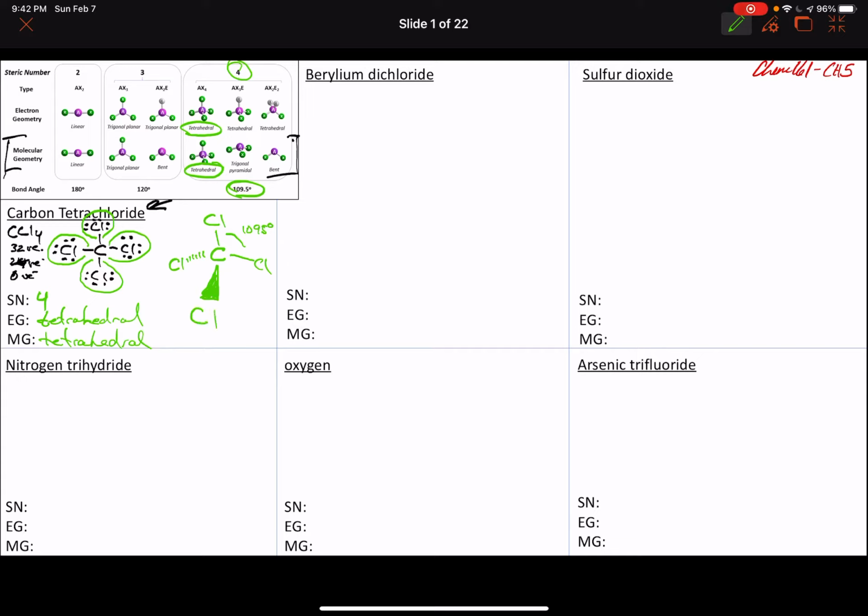You can even size the chlorine a little bit bigger. And so this again looks like a 4-point jack, or better described, a tetrahedron. And we see now the three-dimensionality where each of these angles is 109.5 degrees. Okay, so that's the carbon tetrachloride example.